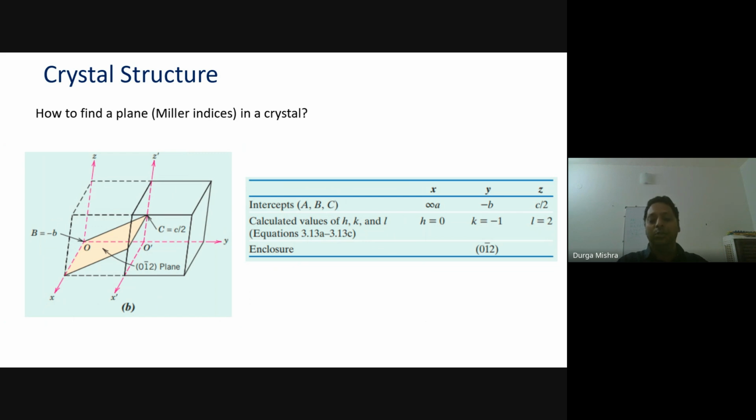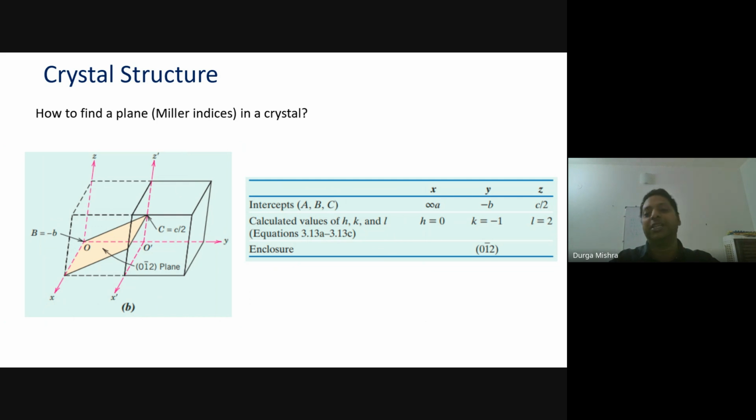And to represent the minus sign you write a bar: 0, 1 bar, 2, but you enclose it using a normal bracket, not a square bracket or a curly bracket.